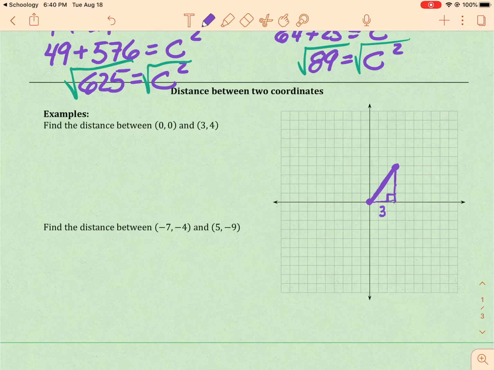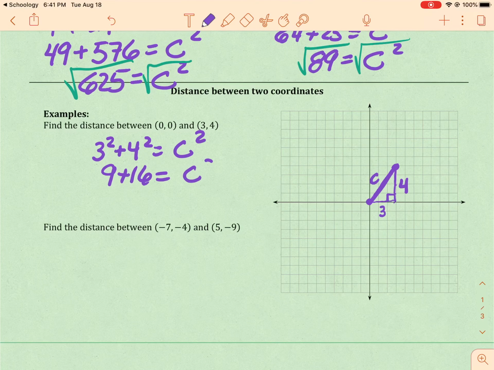We went 3 to the right, so that would be 3 units, and 4 up. The side that we're trying to find in this case, again, is our c. So we can do 3 squared plus 4 squared equals c squared. 9 plus 16, when we add it, we get 25.